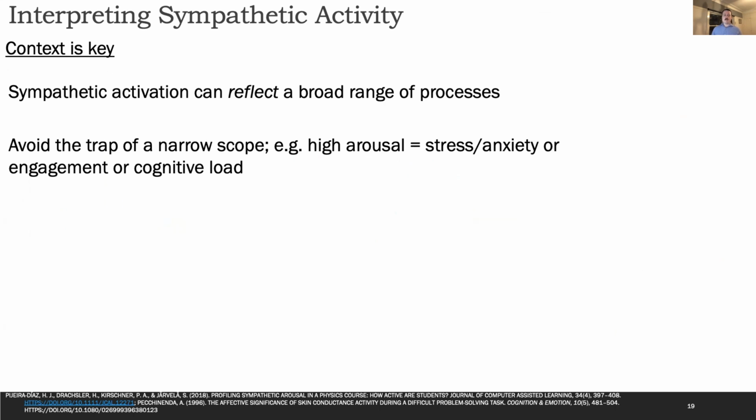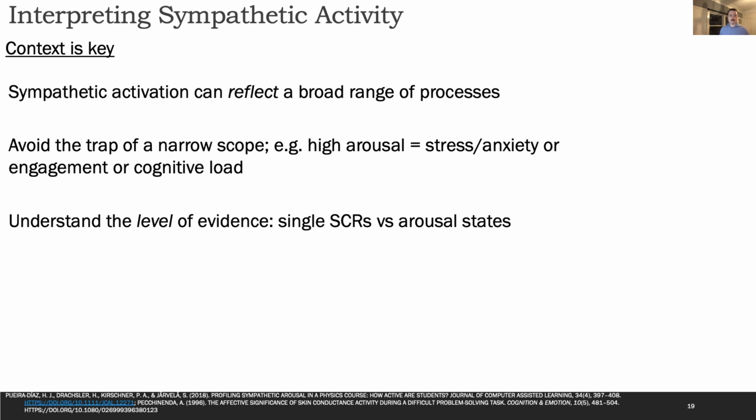So one of the main things to avoid is having a very narrow scope. And that's exactly what was brought up before, right? How do you know it's engagement and not anxiety or stress? The only way to know that is by using other measures to provide more context to help your interpretations.